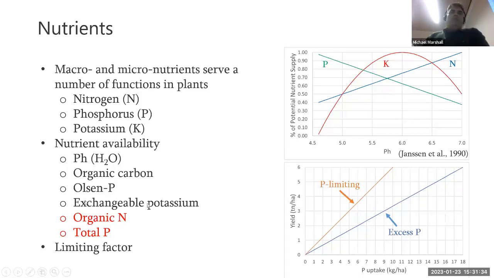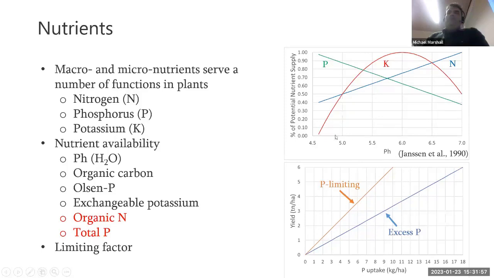Organic carbon, Olsen P, exchangeable potassium are some other ones that are used. I highlight organic nitrogen and total phosphorus in red. These, of course, would be the best, but these are the ones that are least likely to be measured in the field or available in geospatial information. And so you come up with this relationship between the three factors and the soil properties.